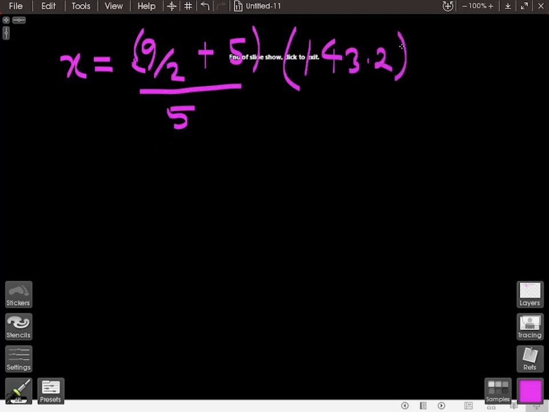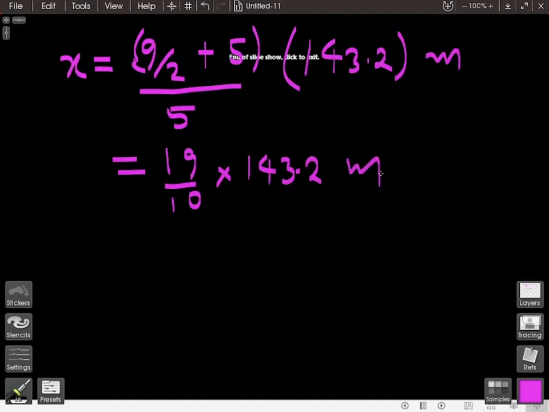So plugging in these parameters, this basically turns out to be 19 by 10 times 143.2. So the location of the small piece will be x equal to about 270 meters.